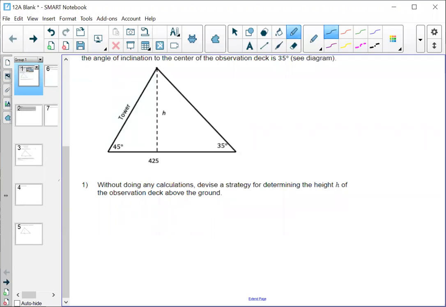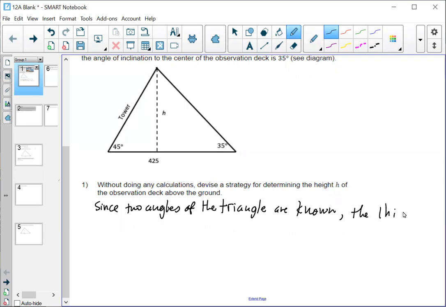Well, one thing that you could say is, since two angles of this triangle are known, the third can be determined.